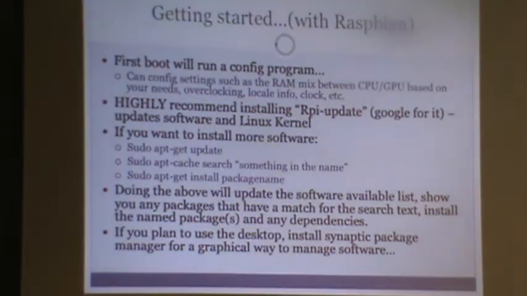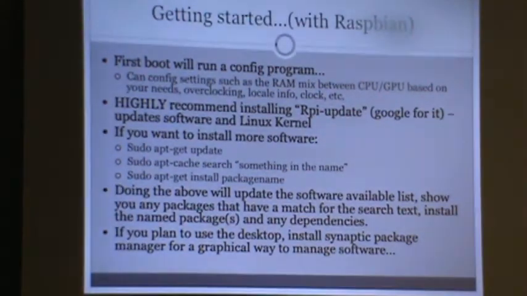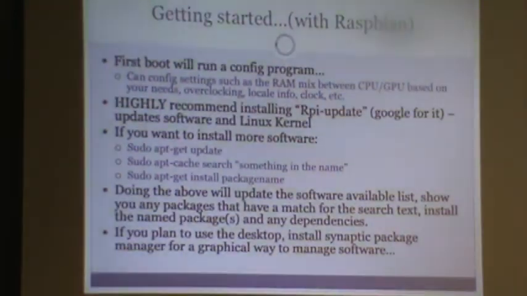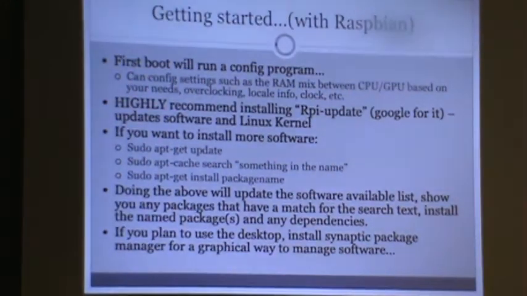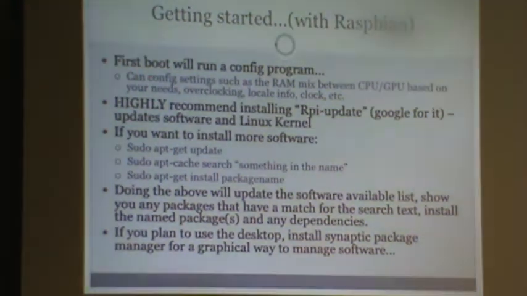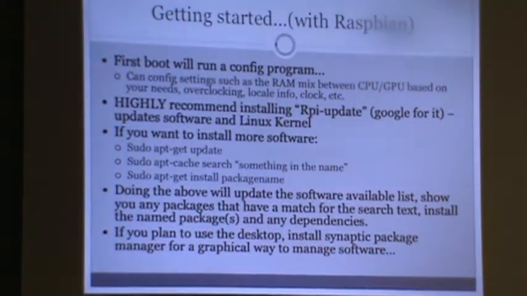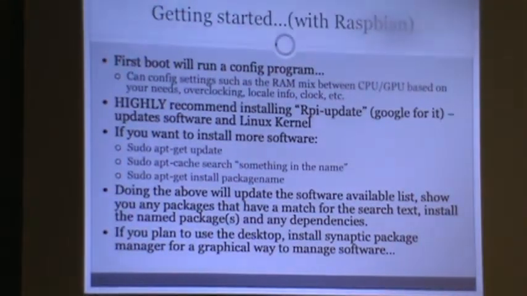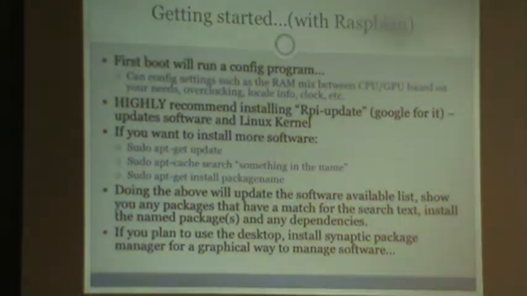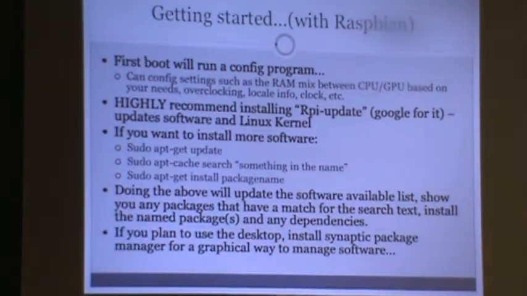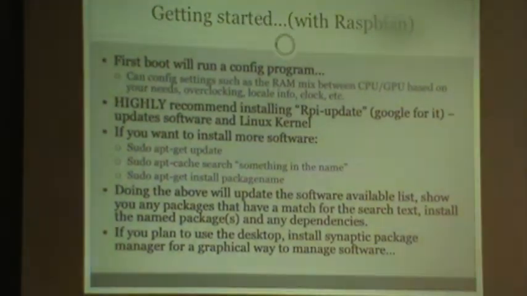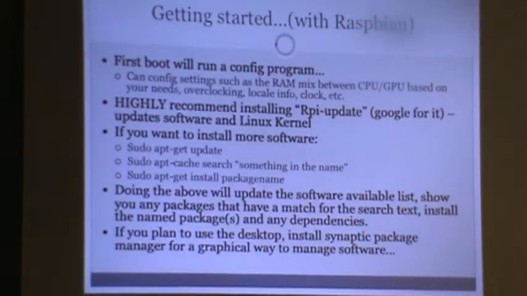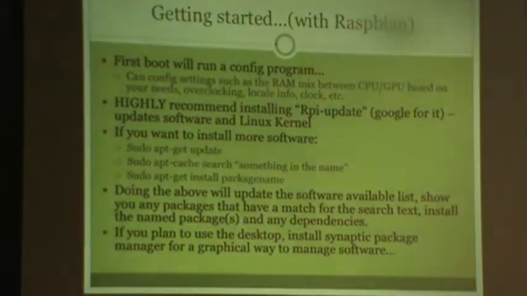If you're using Wi-Fi, it's even more of a pain. There is a graphical interface for the Wi-Fi adapter built in on the desktop, but if you're having to do it from the command line, it's a nightmare. So I try not to use Wi-Fi if I can avoid it. It's pretty happy if you're on a DHCP network, though. Yeah, if you're on DHCP, you just plug it in and go, you're fine.